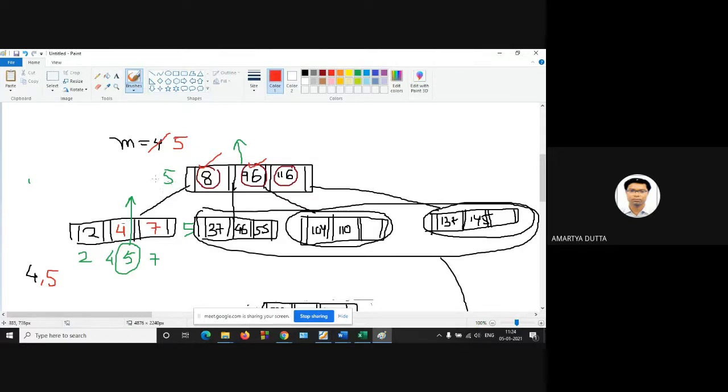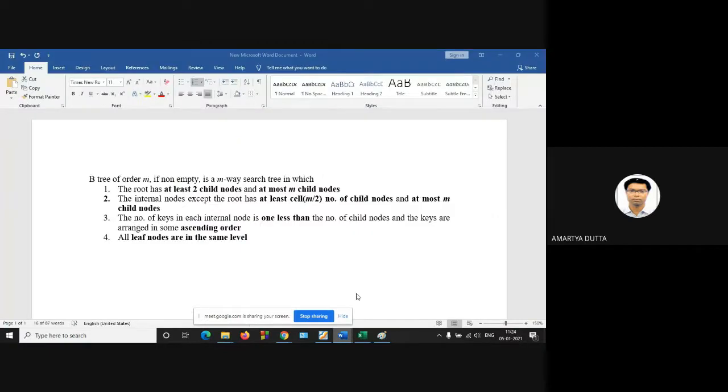Now insert 2, 7, 37, 46, 55, 86, 104, 110, 137, 145, 4, 5, 58, 6. The order is 5. The root contains 8, 96, and 116.